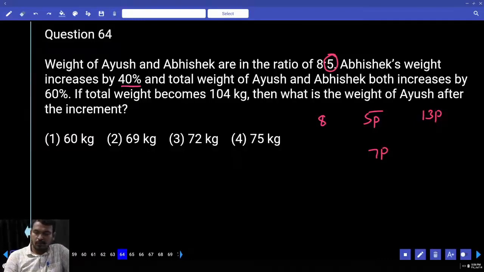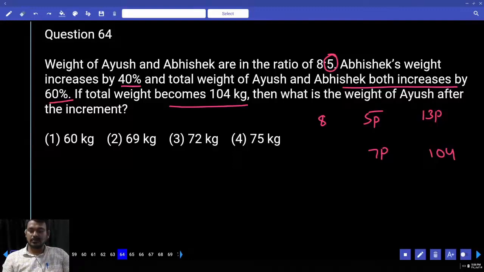Next, overall, it becomes how much? 104 kgs. That 104 kgs will be equal to overall increased by how much percent? 60%. 60% increase means already it is 13 parts.